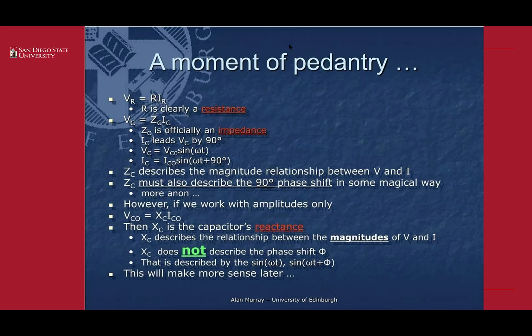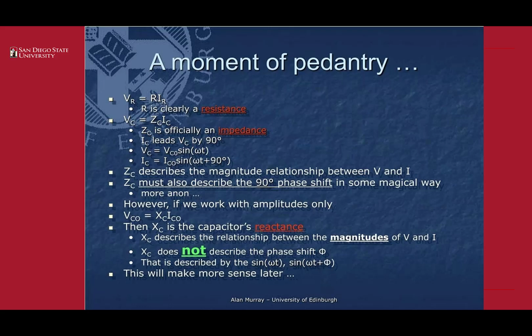However, if we only consider the amplitudes, we will get VC0 equals XC times IC0. In this relation, XC is called the capacitor's reactance. XC exactly describes the relationship between the magnitudes of V, the voltage, and I, the current. But XC does not describe the phase shift, which is represented with phi.